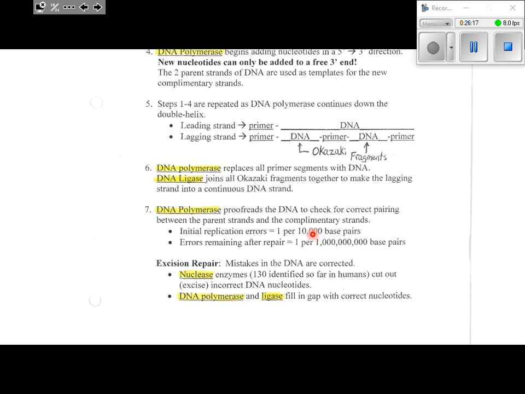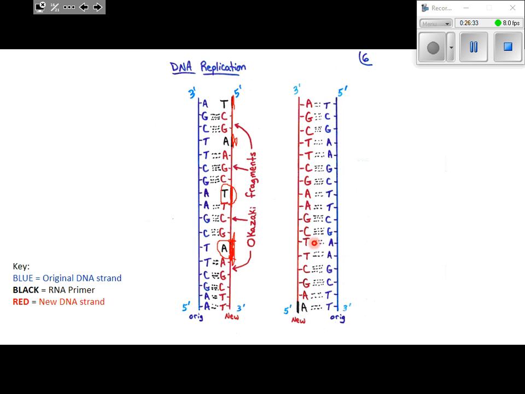Lucky for you, you have a proofreading and repair mechanism. The DNA polymerase enzyme, there's actually several different versions of DNA polymerase, but one of them comes back in and literally scans up and down the DNA searching for mistakes. If two thymines are trying to stick to each other instead of sticking to the adenines, that will be detected.